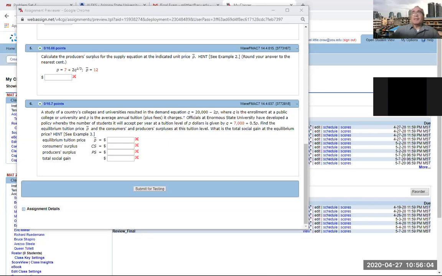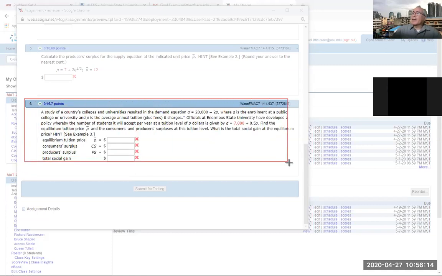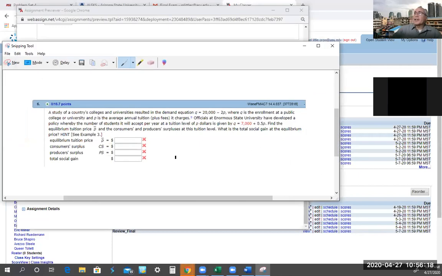So sometimes it might be under 14.4, but we were actually probably talking about 14.3 at the time. But yeah, in Canvas, they are organized by the date of the meeting.